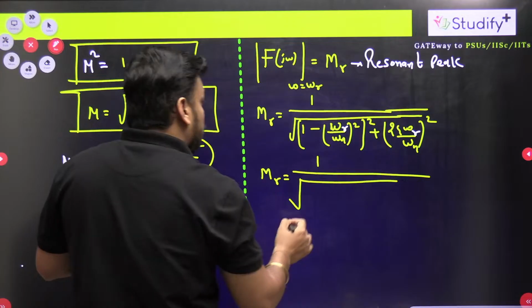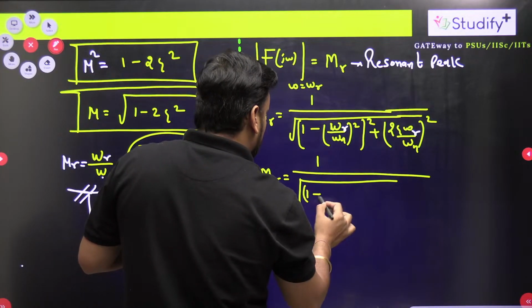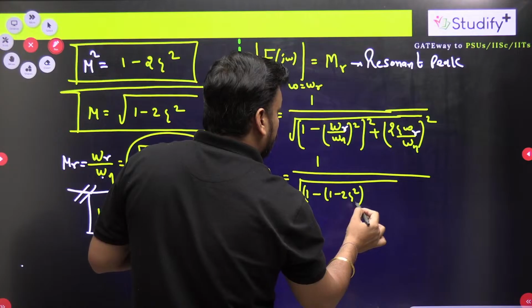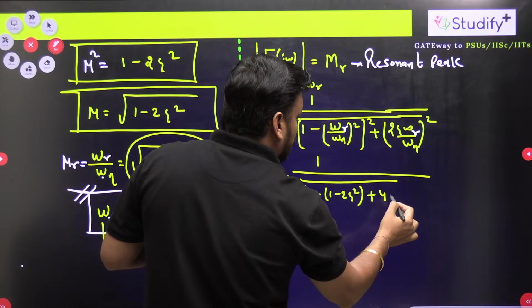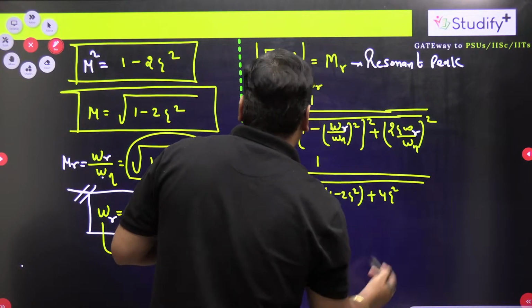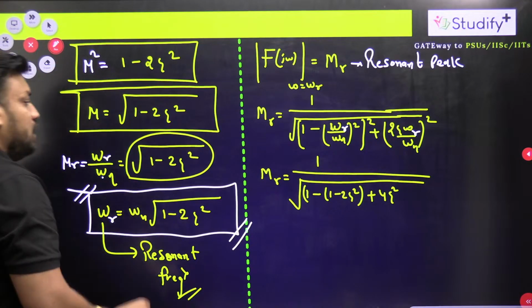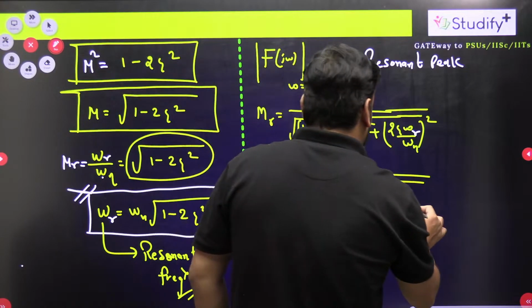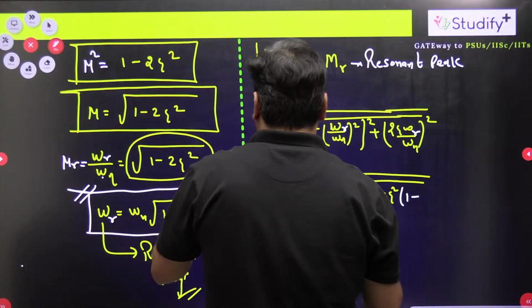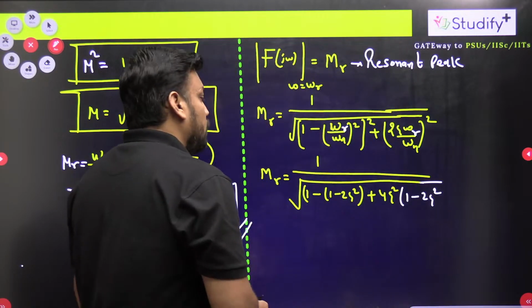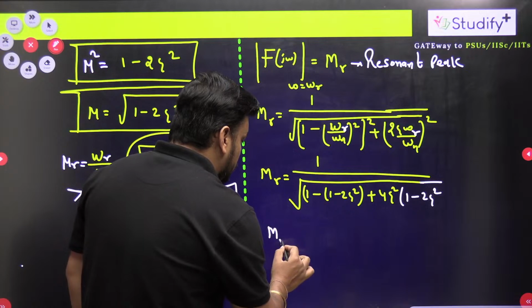So we should get 1 minus, again in brackets, 1 minus 2 zeta square, whole squared, plus 4 zeta square times omega by omega n whole square, which again is 1 minus 2 zeta square. Is it clear?